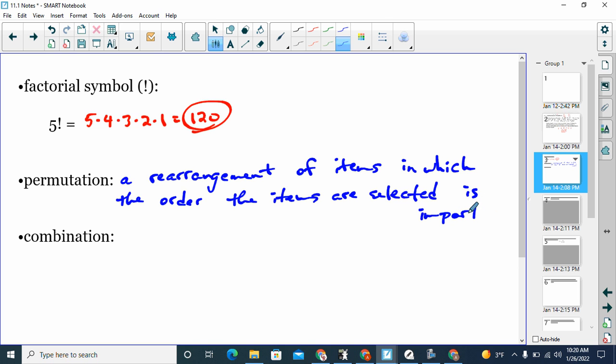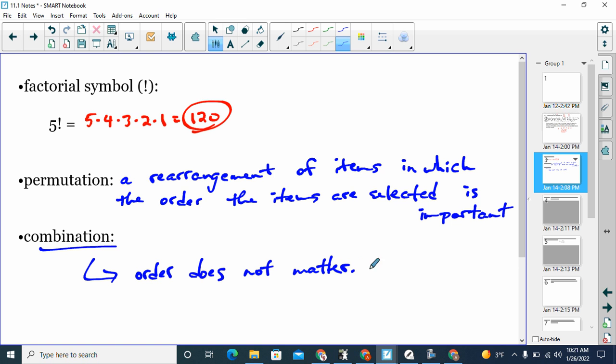So if the order is important, it is a permutation. A combination is also a rearrangement of items, but the order that the items are selected is not important. Order does not matter in a combination.